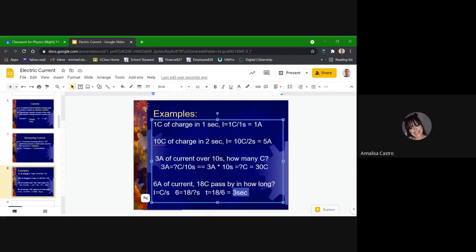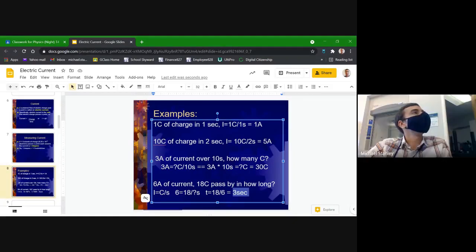Is that the formula we'll use for every time we're looking for the seconds? Yeah, exactly. If you want to figure out the time, time equals charge divided by our current.